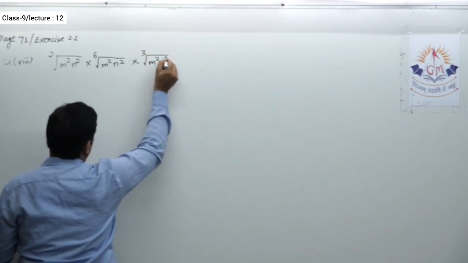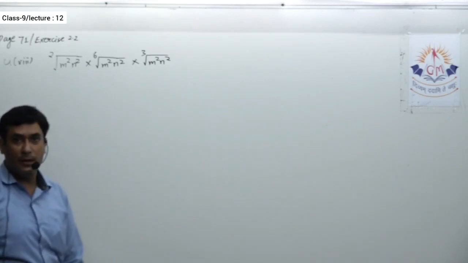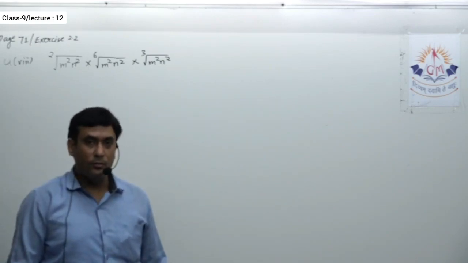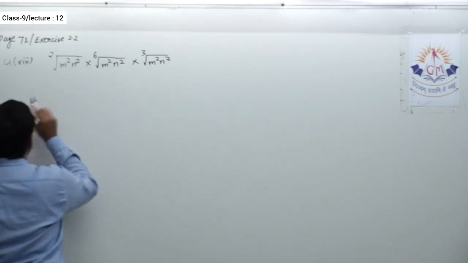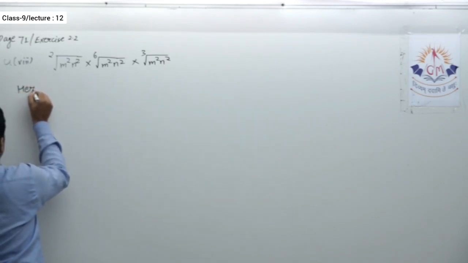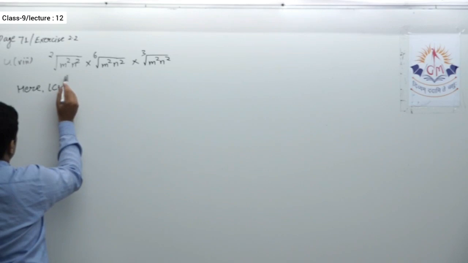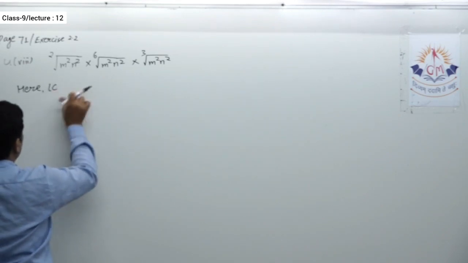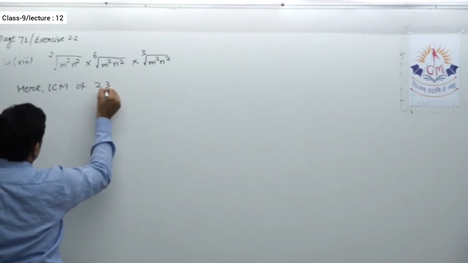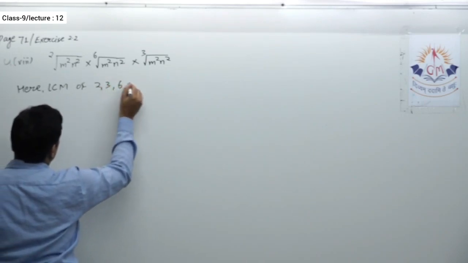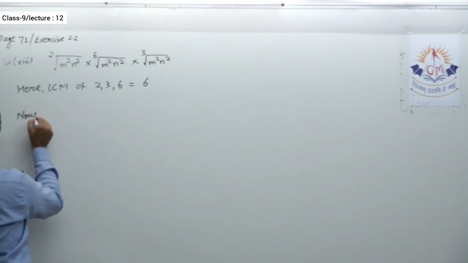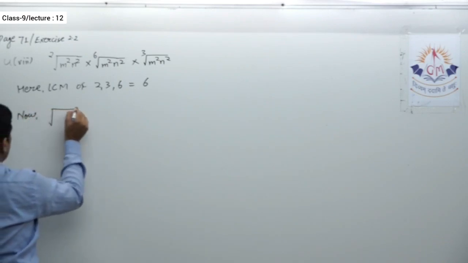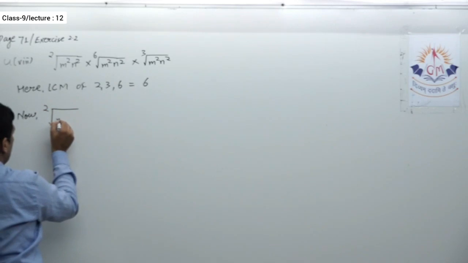So here again the orders of all three surds are different, so we have to make them the same to multiply, and for that we have to take the LCM. So here LCM of 2, 3 and 6 is 6. Okay, so now we'll make all the surds with order 6.